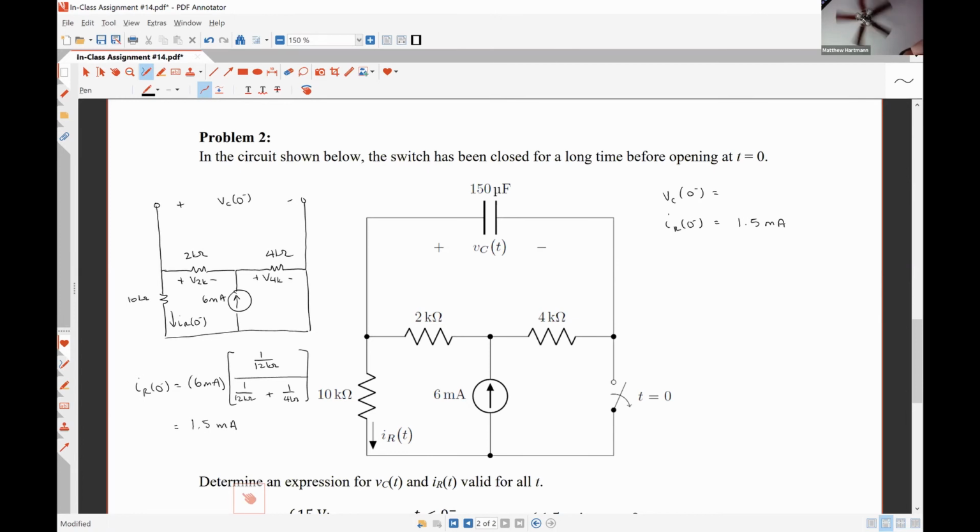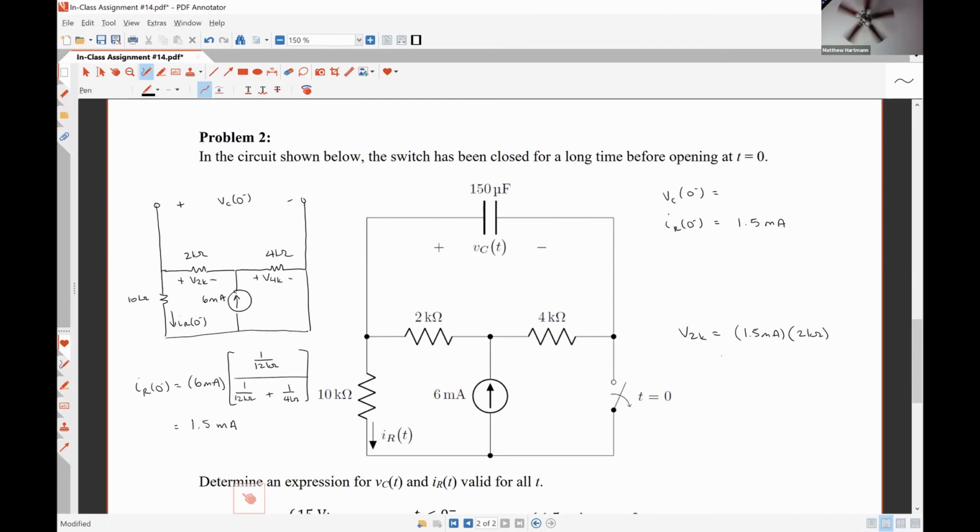How can we use that information to figure out what, let's say, V2K is? Ohm's law. So it'll be the current 1.5 milliamps times the voltage, excuse me, times the resistance 2 kilo ohms.